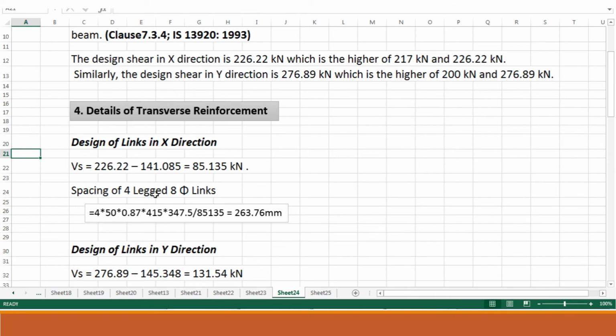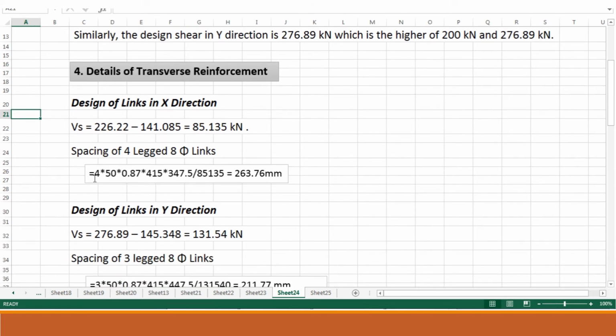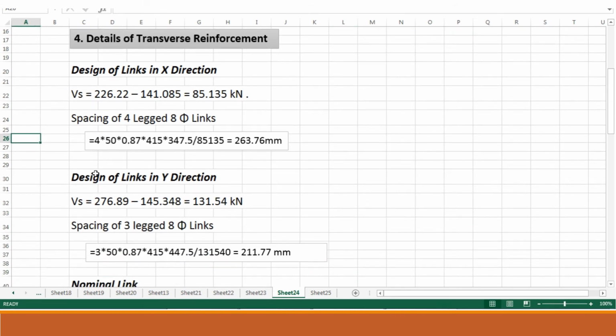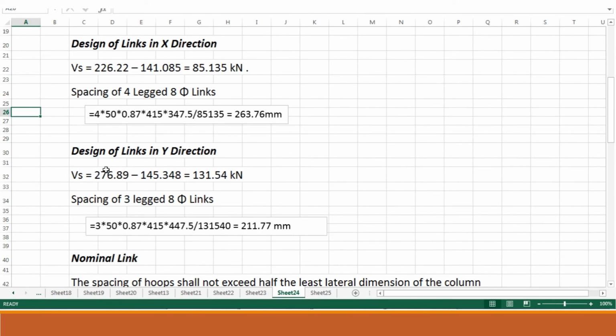If we are providing four-legged 8 mm phi links in the column section, the spacing comes from the formula 4 into the area of the bar, 0.87 into Fy into 347.5 divided by Vs. So the value that we are getting is 263.76.